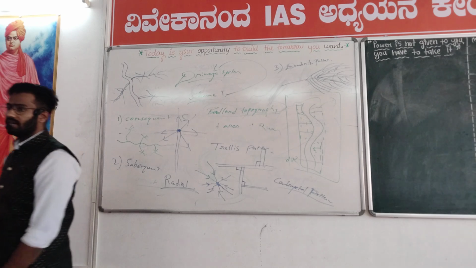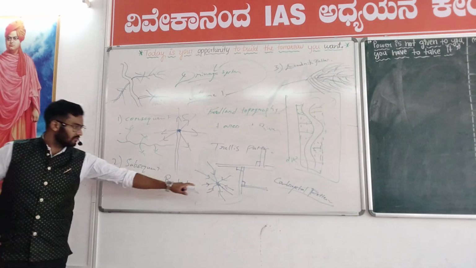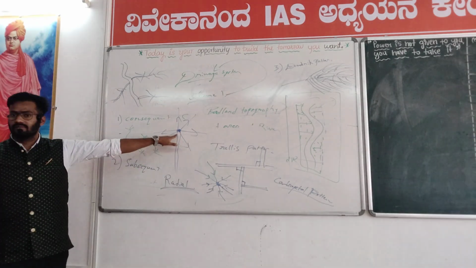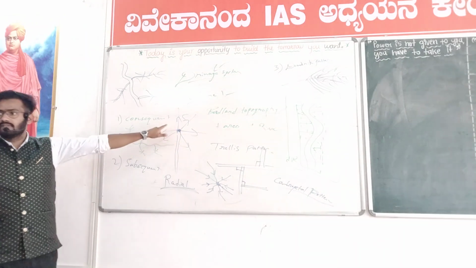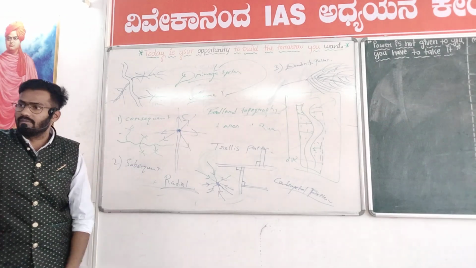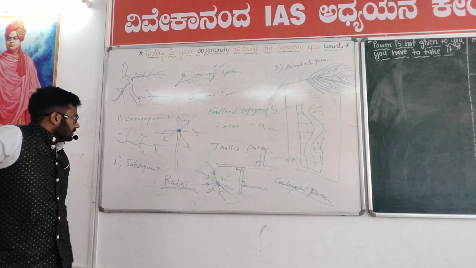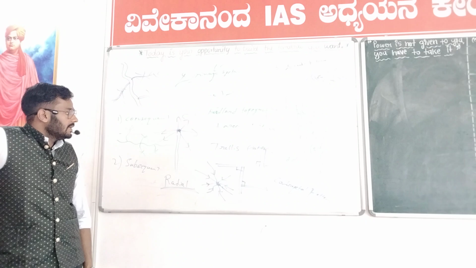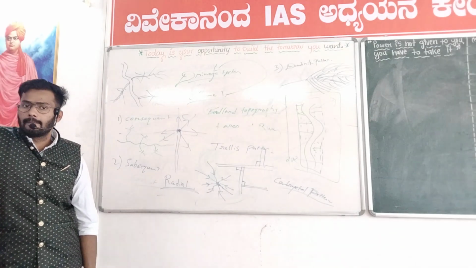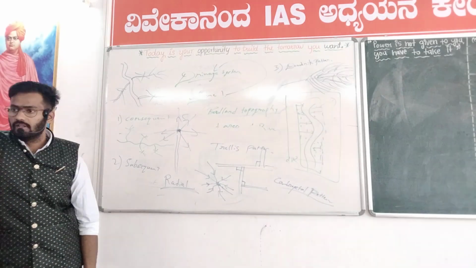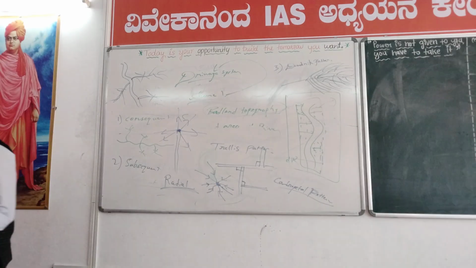Centripetal, not fugal. Fugal means outside; centrifugal means outside. Radial is the other name for centrifugal. Centripetal means opposite to radial, opposite to fugal. Okay, petal.